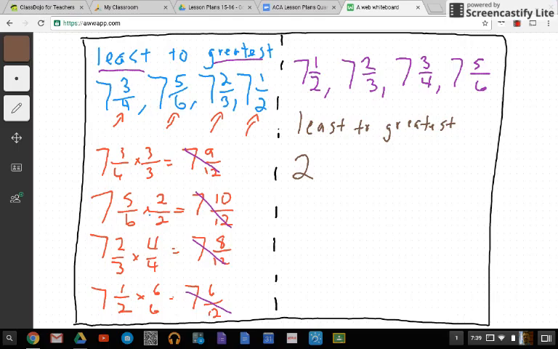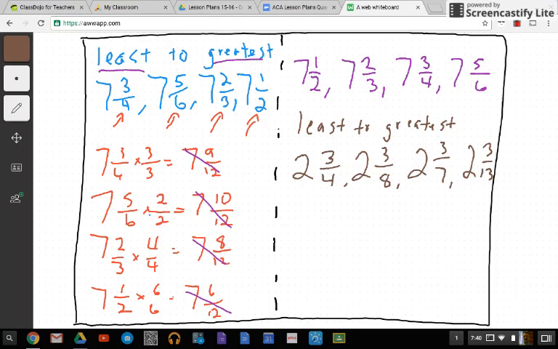Let's say I've got 2 3/4, and I've got 2 3/8, and I've got 2 3/7, and I've got 2 3, we'll say 13ths. Why not? Okay.